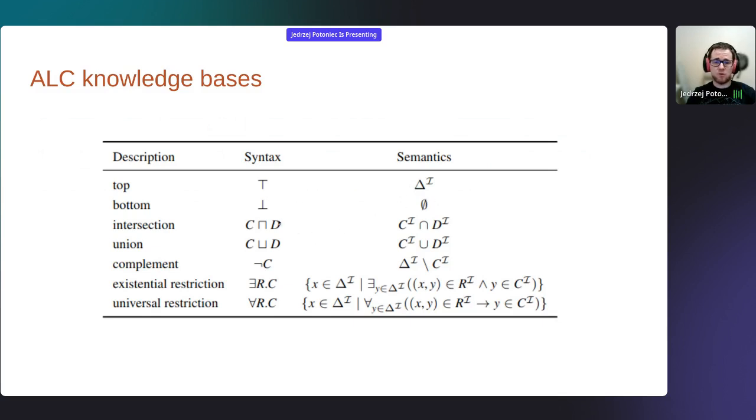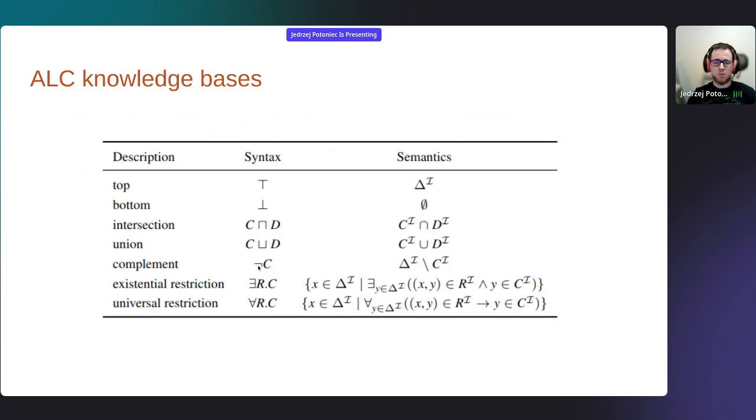There are also intersection and union available, so one could construct a concept being an intersection or a union of two concepts, and those operators, of course, correspond to set intersection and set union over the interpretations of those concepts.